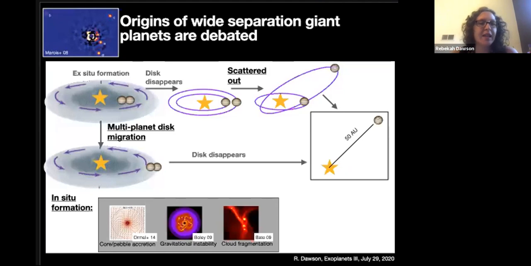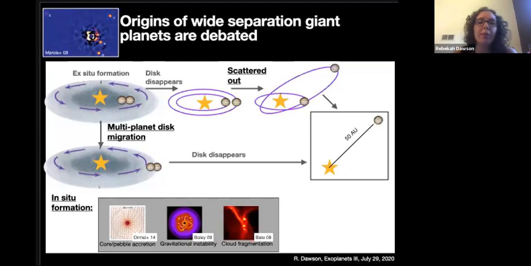One possibility is that it formed more like where our own Jupiter did and then got scattered out by another planet or underwent multi-planet disk migration with another planet, which could move you out instead of in. Alternatively, it might be able to form all the way out there, either through modifications to what we know about core accretion, gravitational instability where the disk fragments, or cloud fragmentation, which is how we think that stars form.